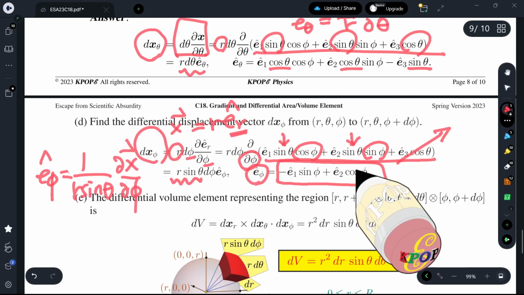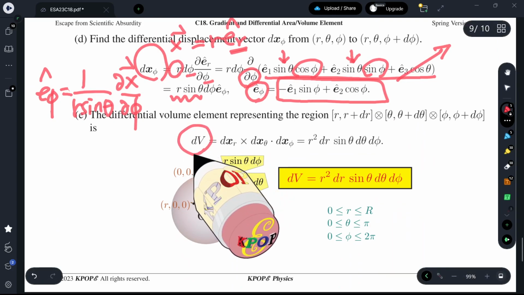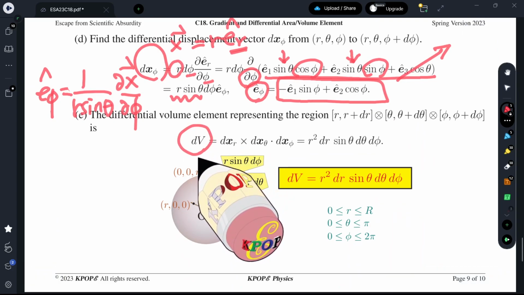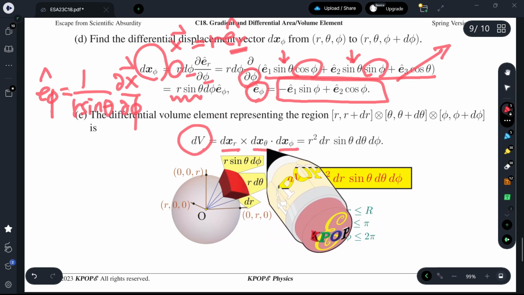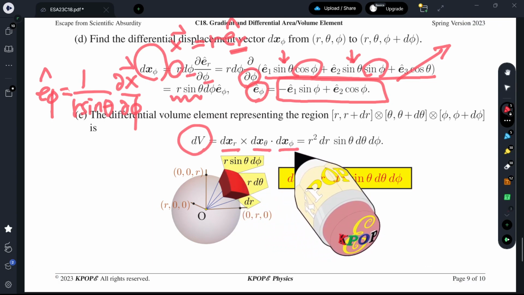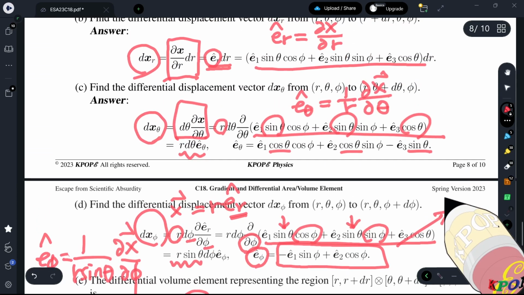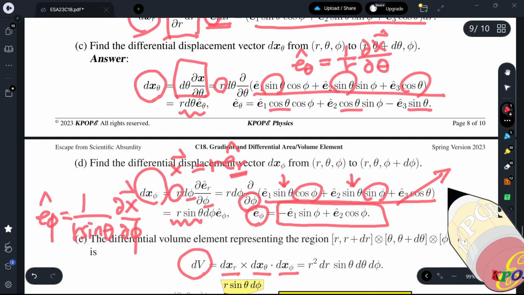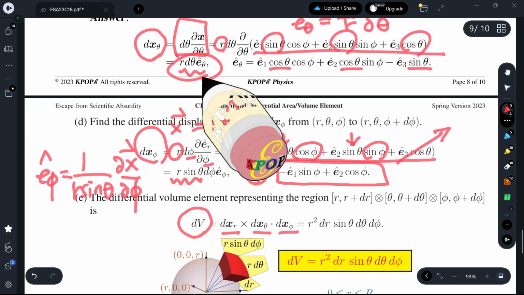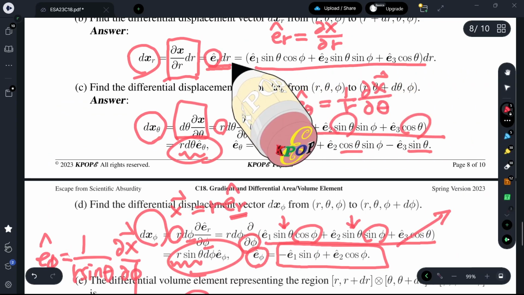Okay, so finally, we arrived at the point to compute the differential volume element due to the variation of radius, polar angle, and azimuthal angle. We bring these results all together here, here, and here.